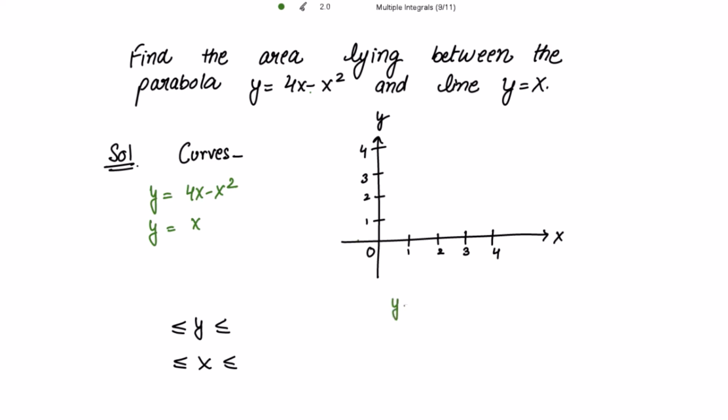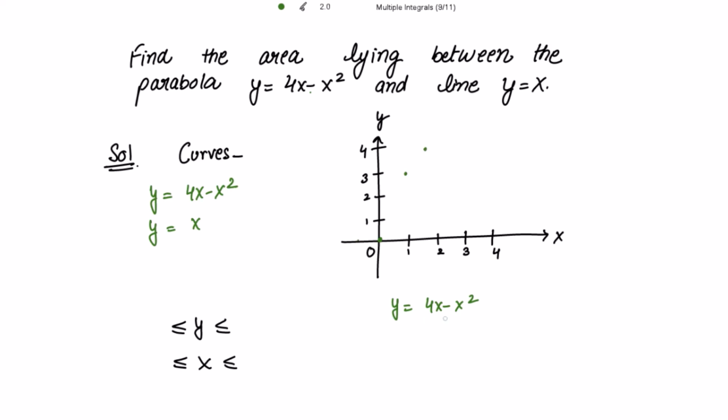As y is equal to 4x minus x square, let's put first x equal to 0, you get y equal to 0, so this is your point. For x equal to 1, I get 3, so this point. For x equal to 2, I get 8 minus 4, that is 4, so I'm having this point.